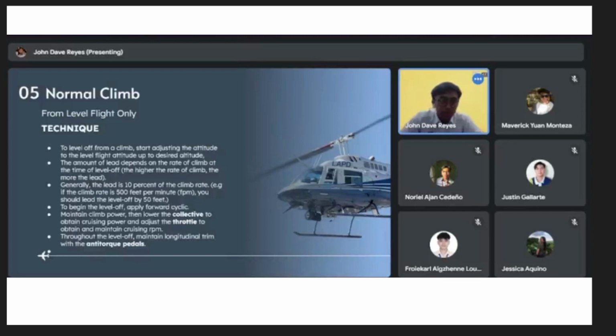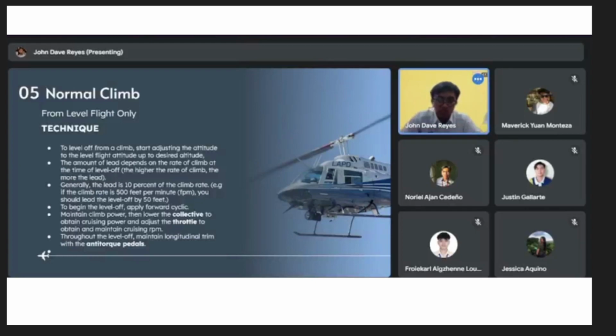So to level off from a climb, start adjusting the attitude to the level flight attitude a few feet prior to reaching the desired altitude. The amount of lead depends on the rate of climb at the time of level off. The higher the rate of climb, the more the lead.